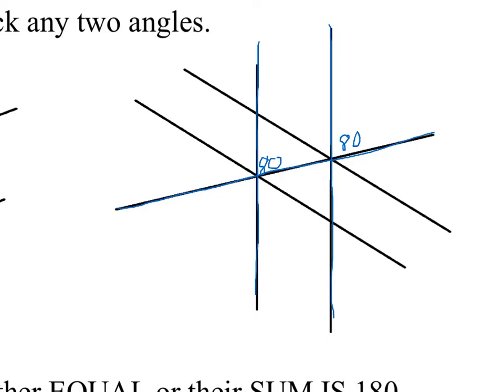What I can't do in this example is look at this angle that I've just marked in red and say, well, that angle that I've marked in red has to either be equal to 80 or it has to add to 80 to give 180.